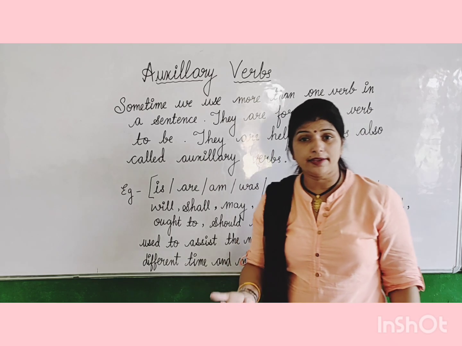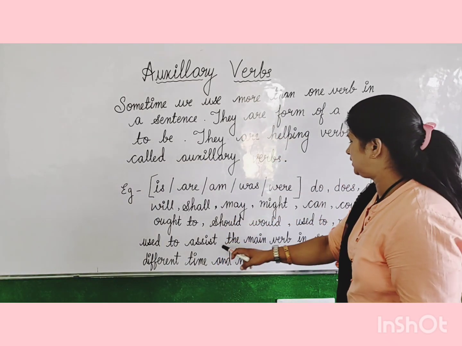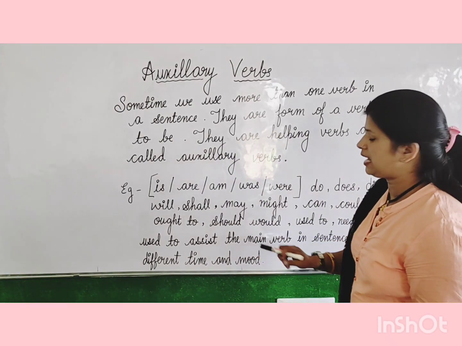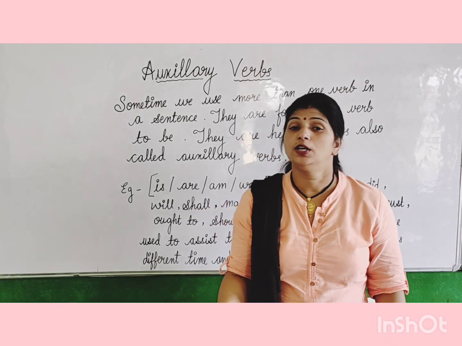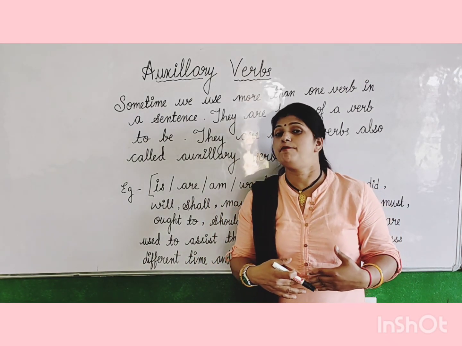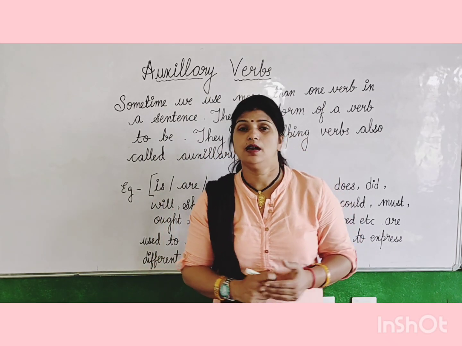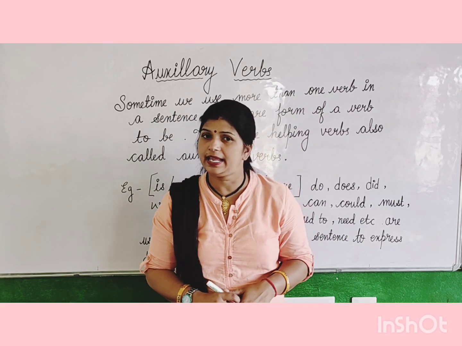And do you know why we use these auxiliary verbs? They are used to assist the main verb in the sentence to express different times and moods. They help the main verb so that in a better way we can show the different types and moods of a person. So these are known as auxiliary verbs.